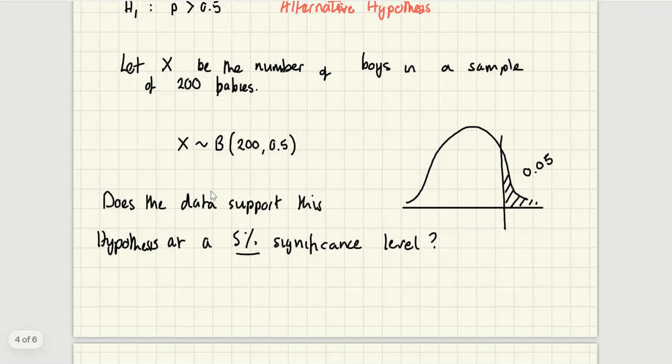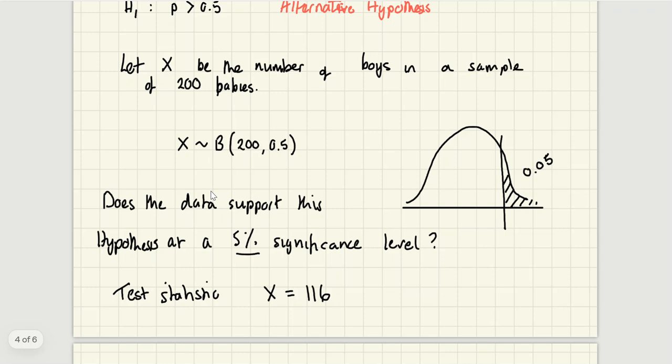So, what we're going to do is test our test statistic, which is x equals 116. Now you might be thinking, there are two ways of doing this. I can find the probability of 116, or I could figure out what the value is here. But let's try both. Okay.